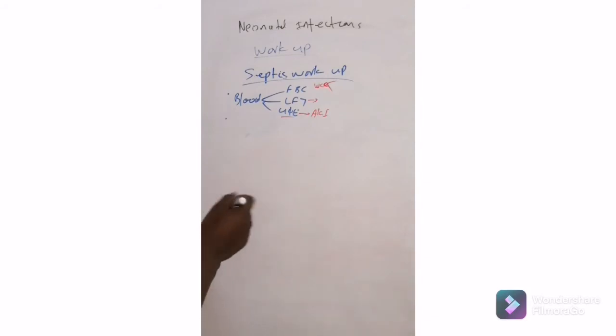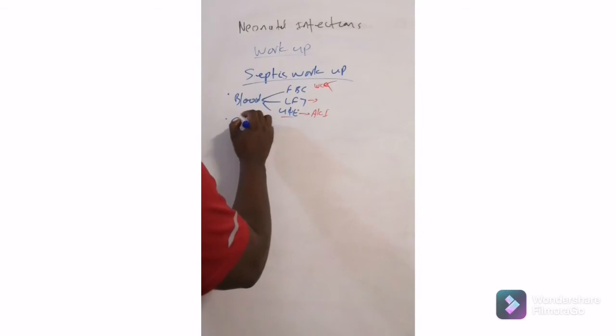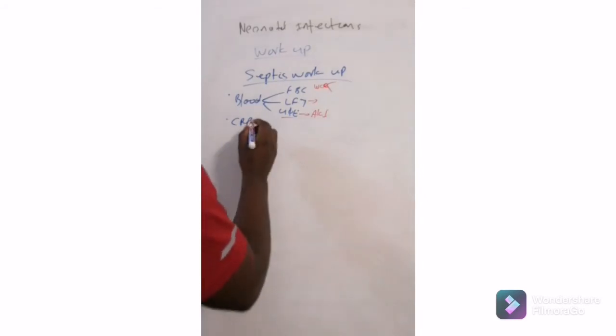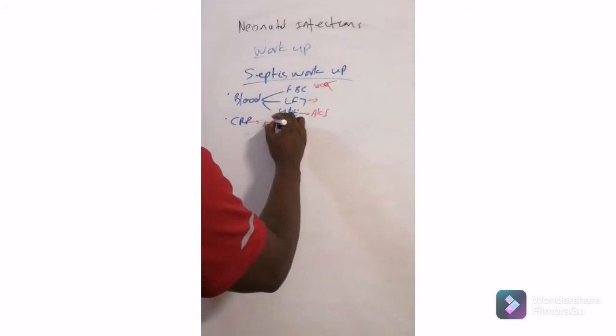And also if they're maybe getting some organ involvement, if they've been having sepsis for a long time, they were brought from home very late, so you can see the extent of the liver involvement, right? So you're gonna do that. Then you're gonna do the CRP. CRP, C-reactive protein, is not a sign of infection but inflammation.